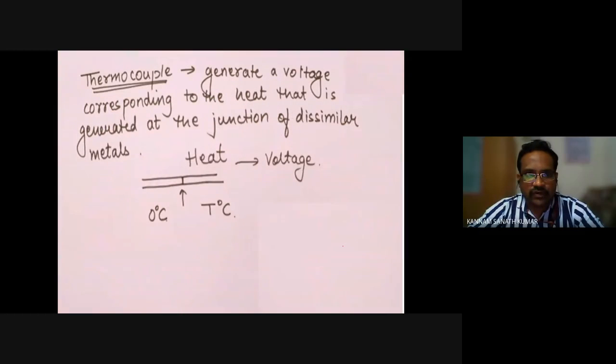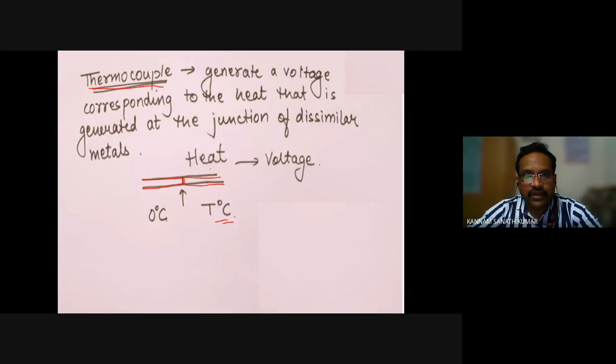Coming to one example, that is a thermocouple. What will the thermocouple do? It generates a voltage corresponding to the heat generated at the junction. Here there are two dissimilar metals. One metal is at 0 degrees Celsius, and the other is at some finite temperature, T degrees Celsius.